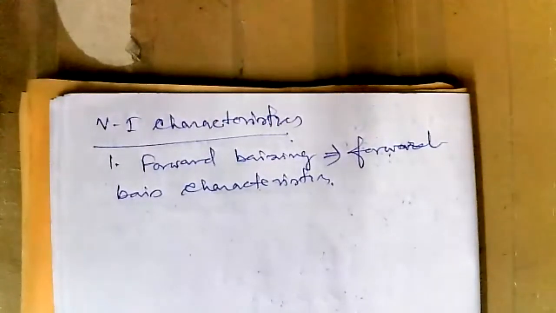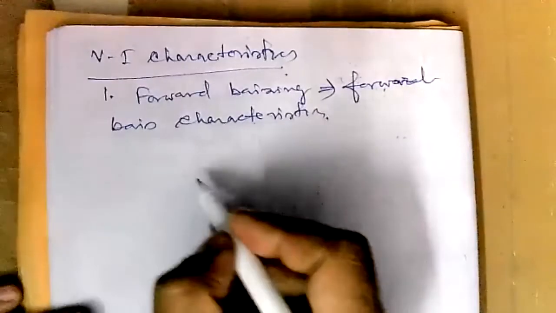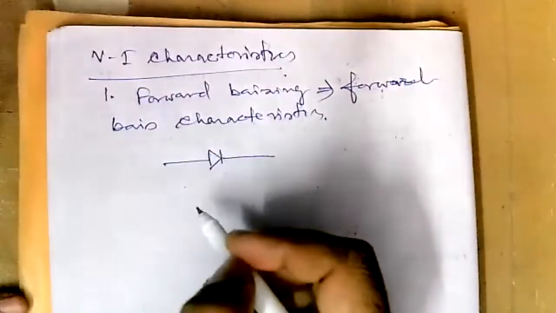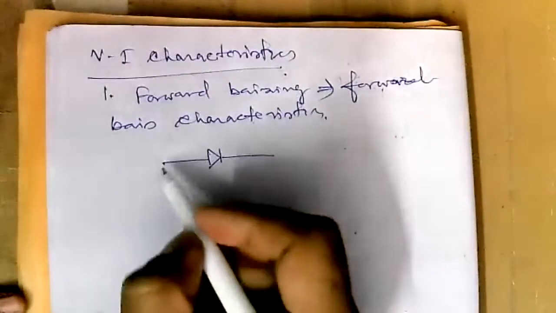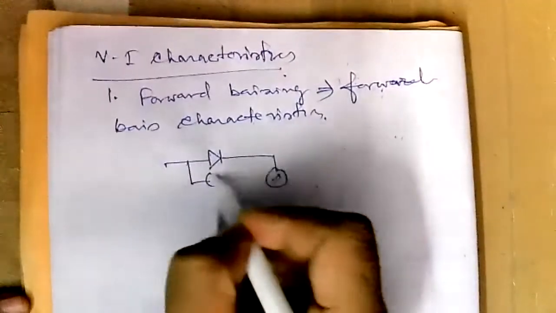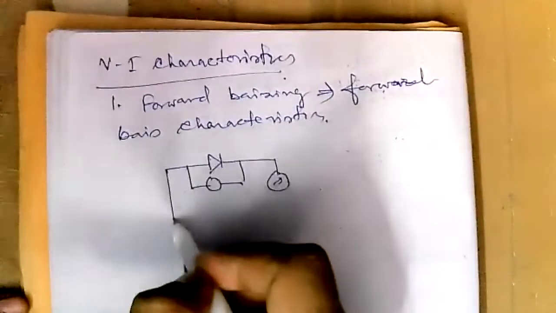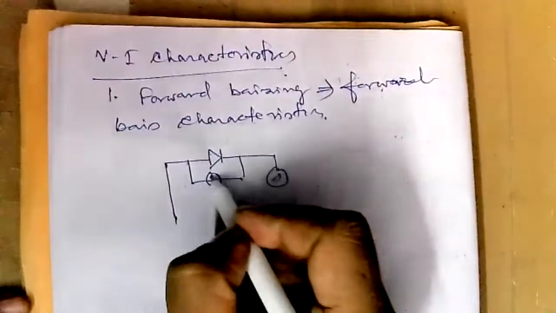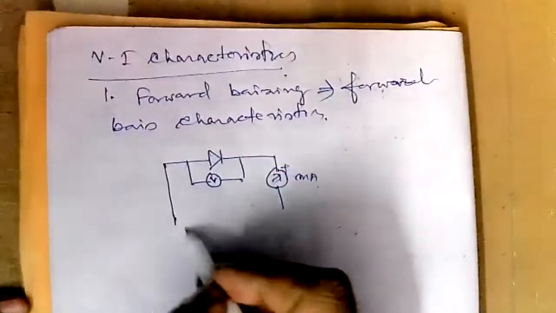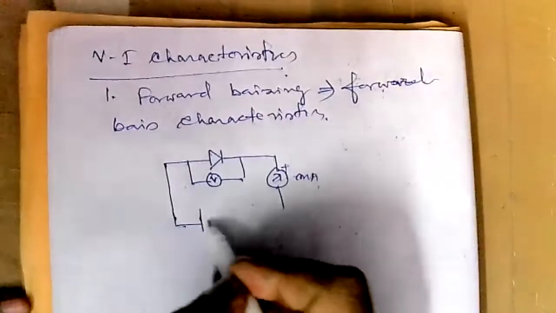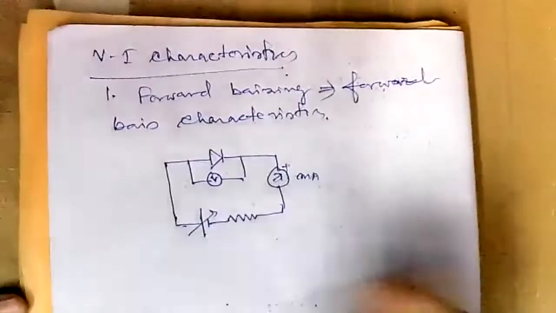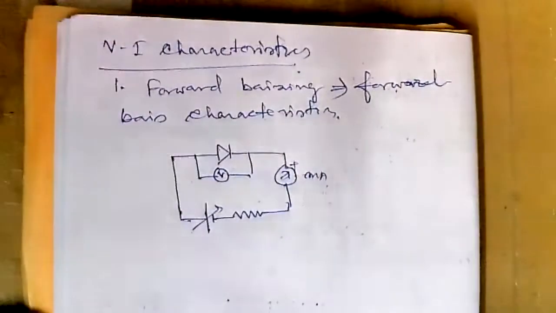To draw the forward bias characteristics, we will use the circuit like this. Here we will use a variable source, so we can vary the voltage.